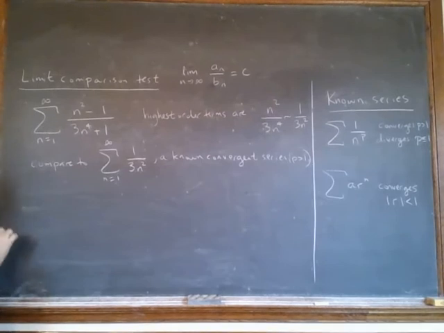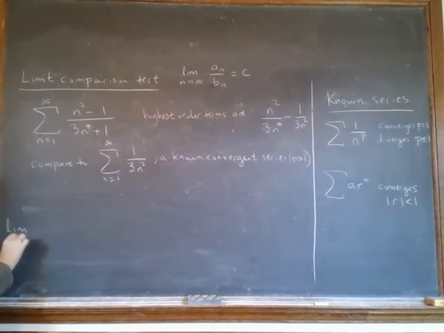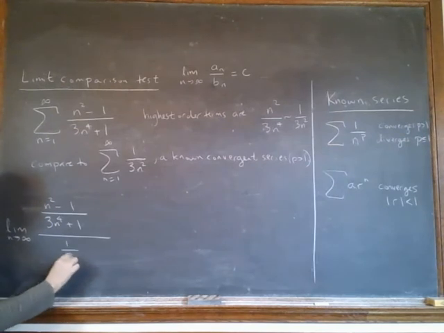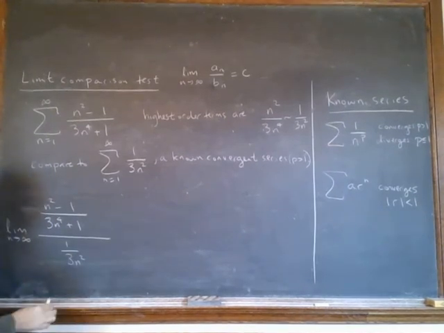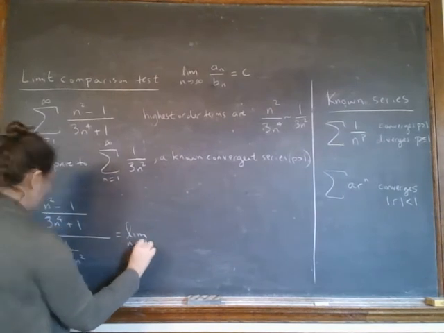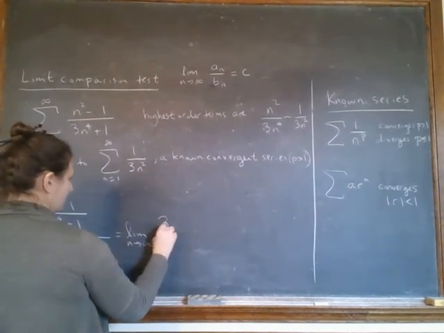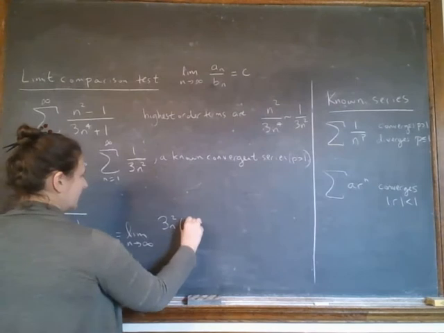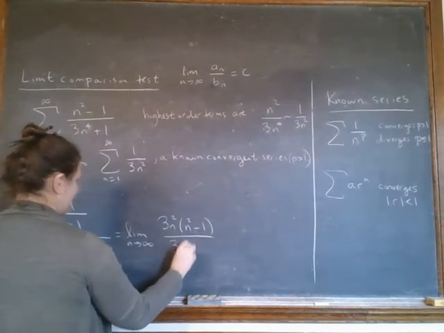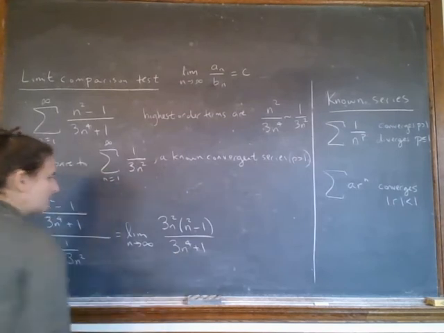Okay, so now if I do my limit, I'm going to do an over bn, it doesn't matter which one it is. This guy over this guy. Okay? Let me write this properly. I'm going to get 3n squared times n squared minus 1, and then 3n to the 4th plus 1 in the bottom.